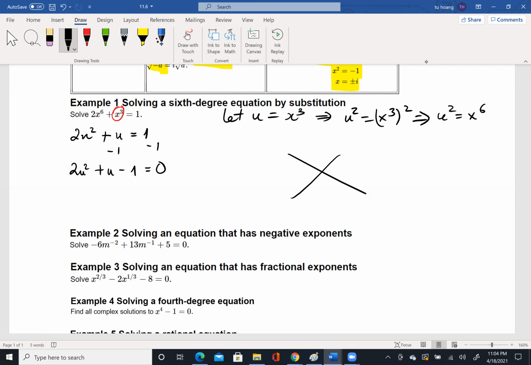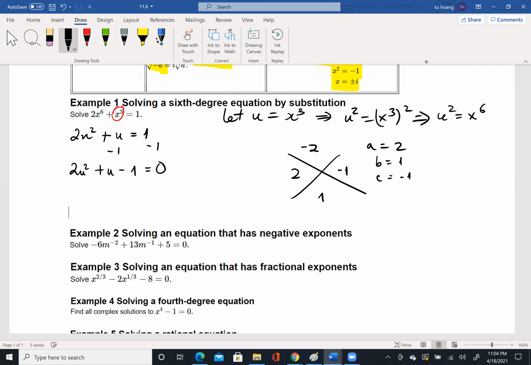AC equals 2 times negative 1, which is negative 2, and B equals 1. So two numbers that multiply to negative 2 and add to 1 are 2 and negative 1. Remember that here A equals 2, B equals 1, and C equals negative 1.